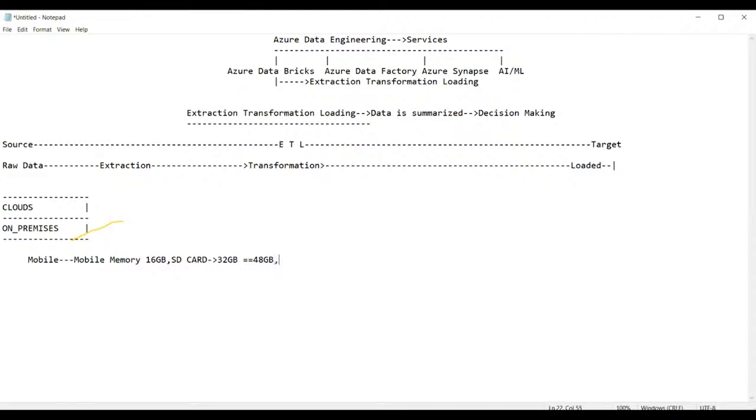Now, the question is, further I have some more videos and photos, etc., amounting to around 100 GB. Let us assume amounting to around 500 GB. Now tell me, how do you store this 500 GB? You have already utilized the 32 GB, you have already utilized the 16 GB.